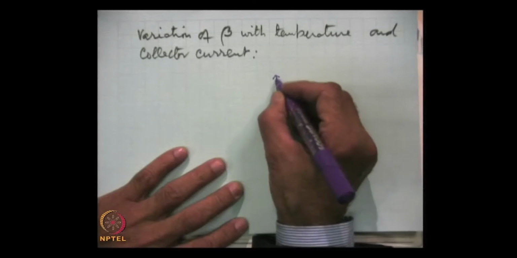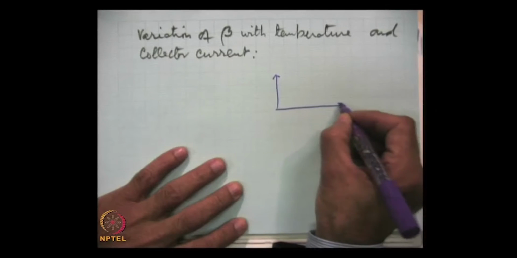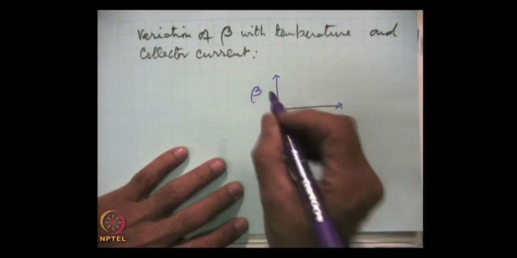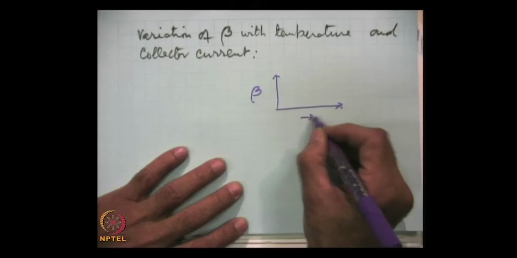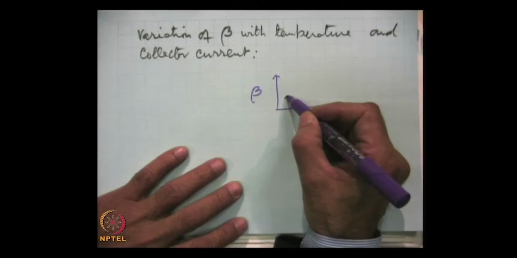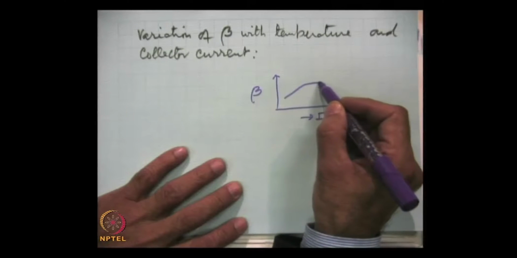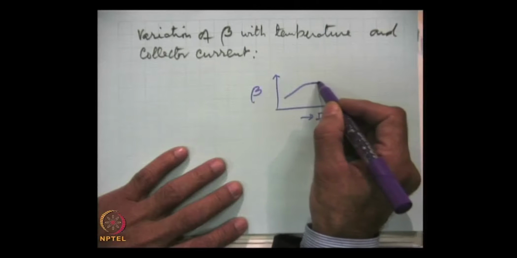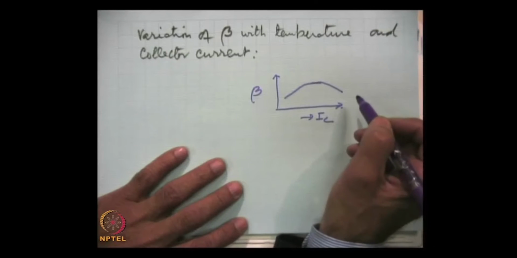It is the current gain. So, let us see how it varies with the temperature and collector current. With collector current, this is beta, this is collector current IC, and initially beta increases, attains a constant value and then falls.